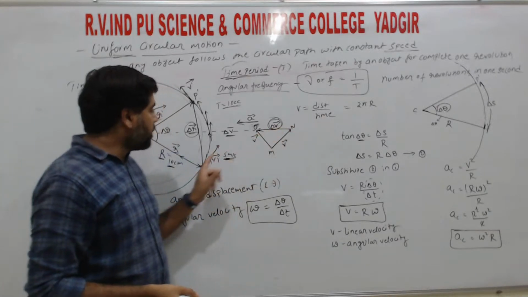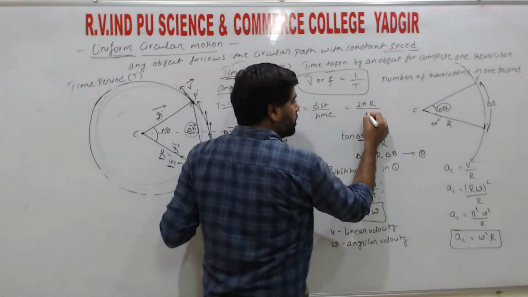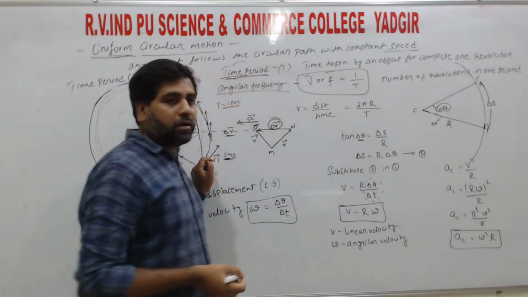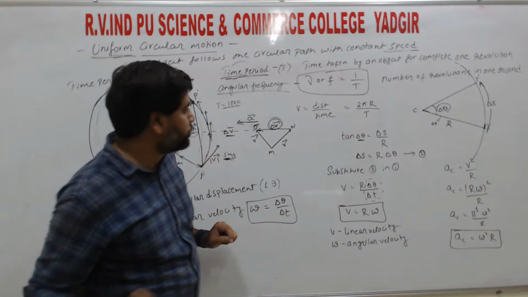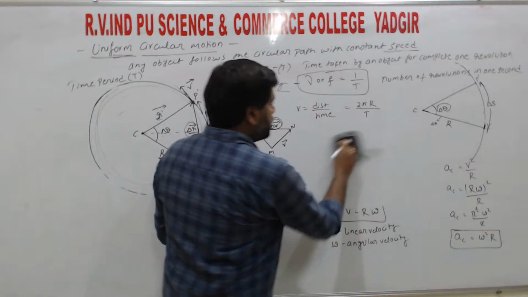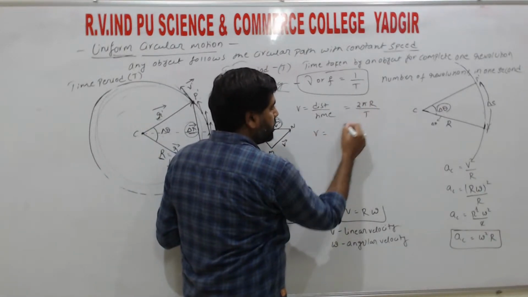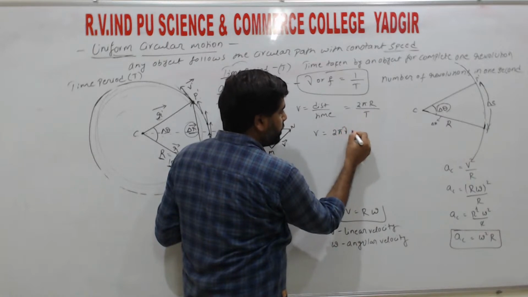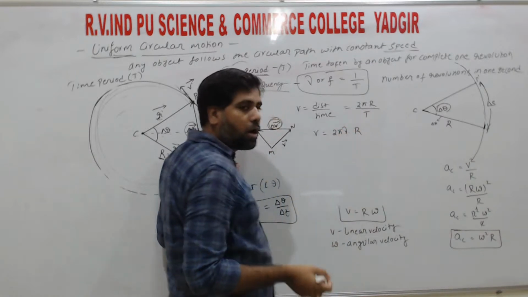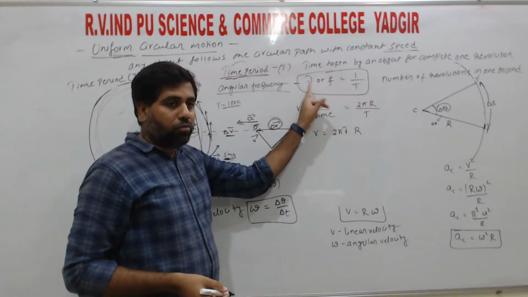The time taken for one complete revolution is the time period T. So now 1 by T we can write as 2 pi nu into r, right?